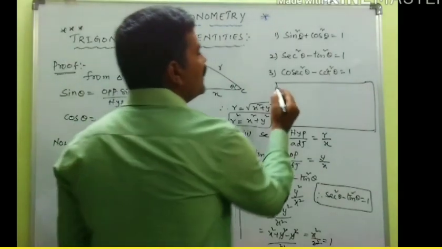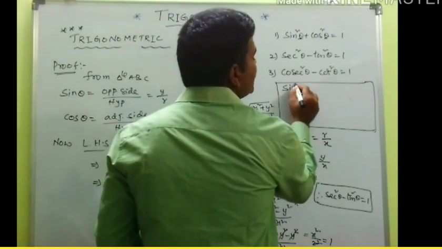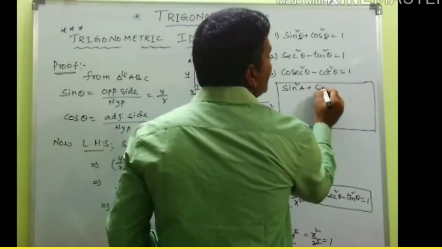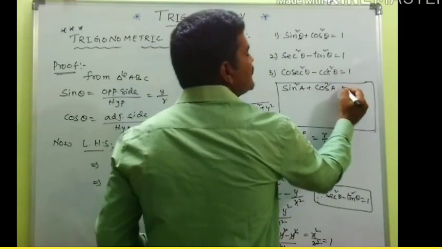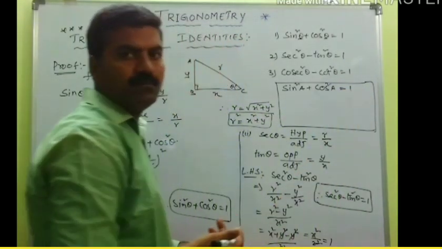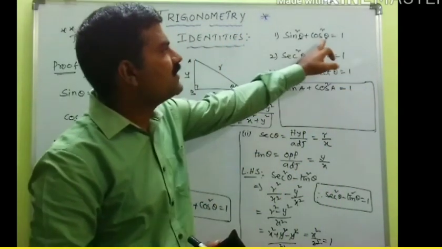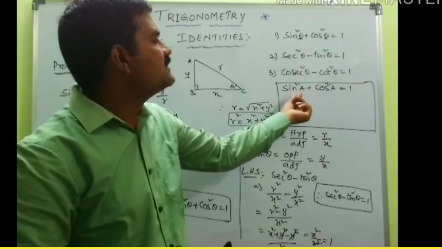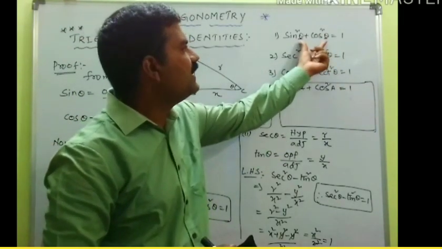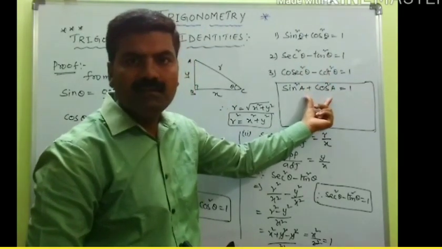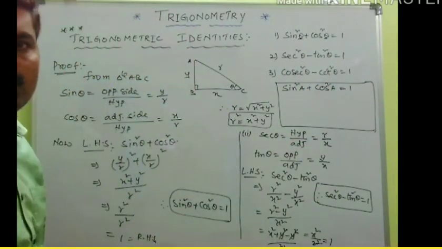For example, sine square A plus cos square A. Just see that the angle is the same. Then this is also 1. Sine square theta plus cos square theta is 1, then sine square A plus cos square A is also 1. Here the angle is theta, but here the angle is capital A. That is the only difference.